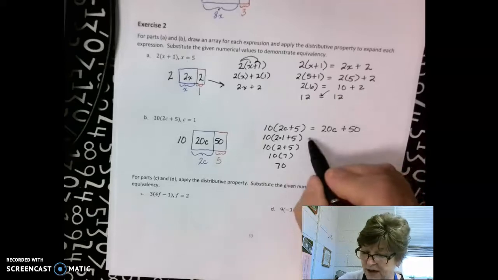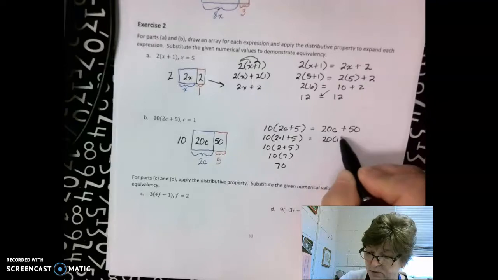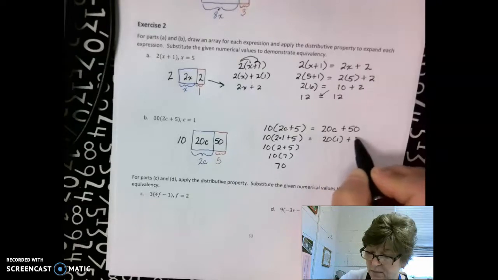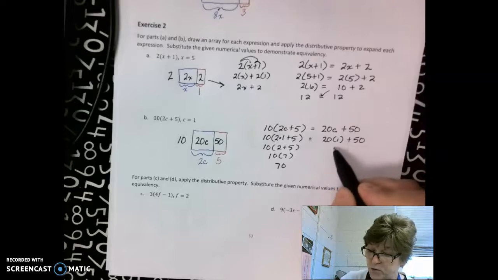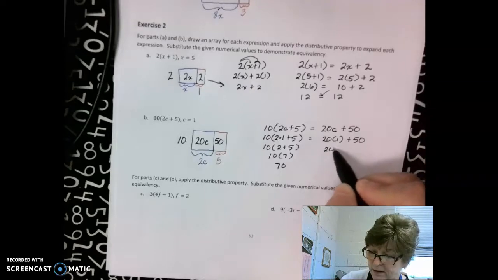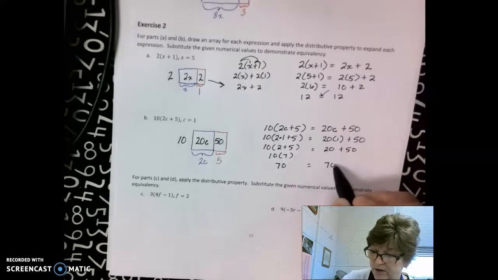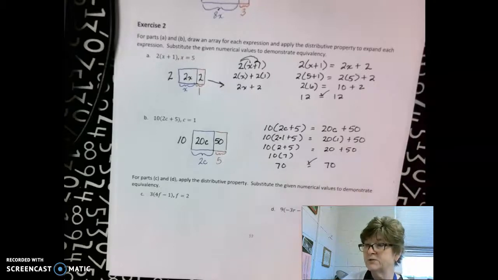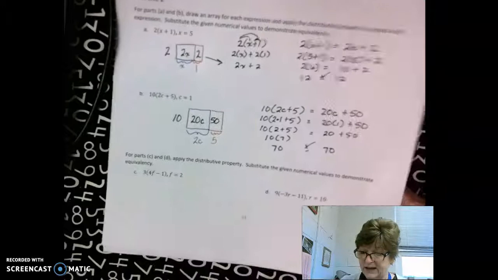Let's try the other side. 20 times 1 plus 50, 20 plus 50, which equals 70. So yes, we now have proven the equivalency again.